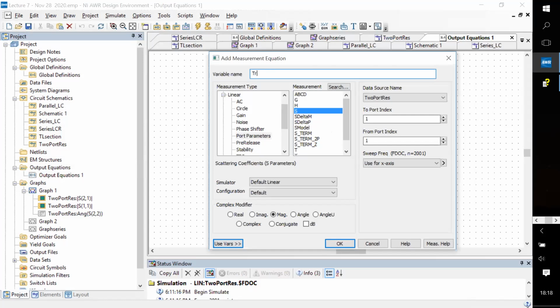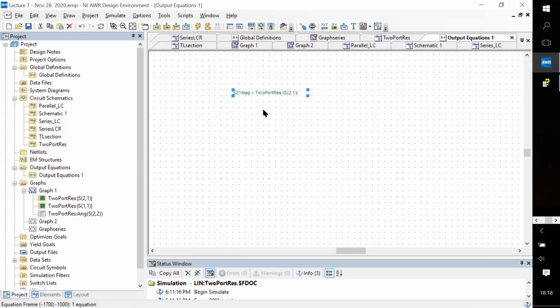Let's call it S21 mag. You have 2-port res, you have S21, you click magnitude, and then you say okay, and you basically get a symbol like this. It just says S21 mag is equal to 2-port res, which is the identifier, and magnitude of S21.